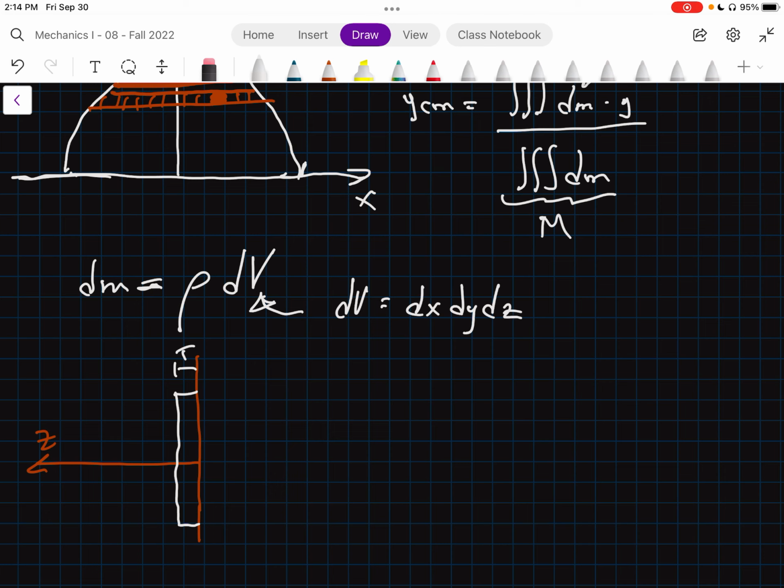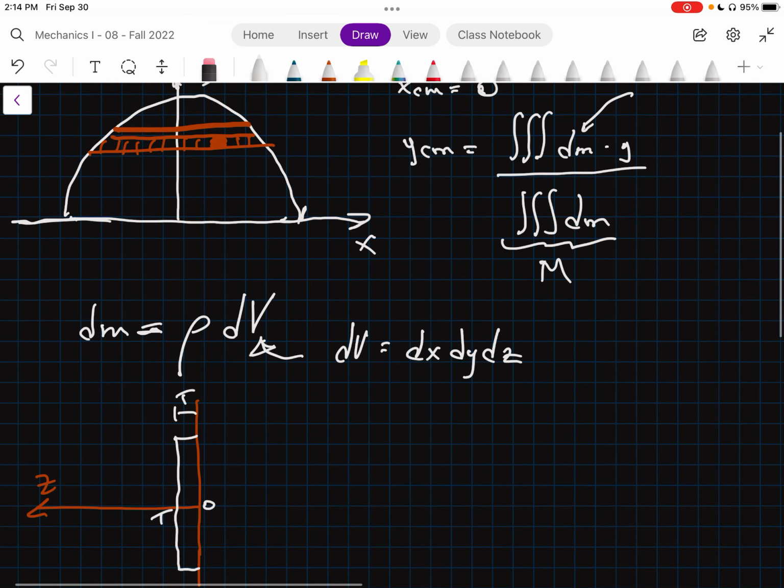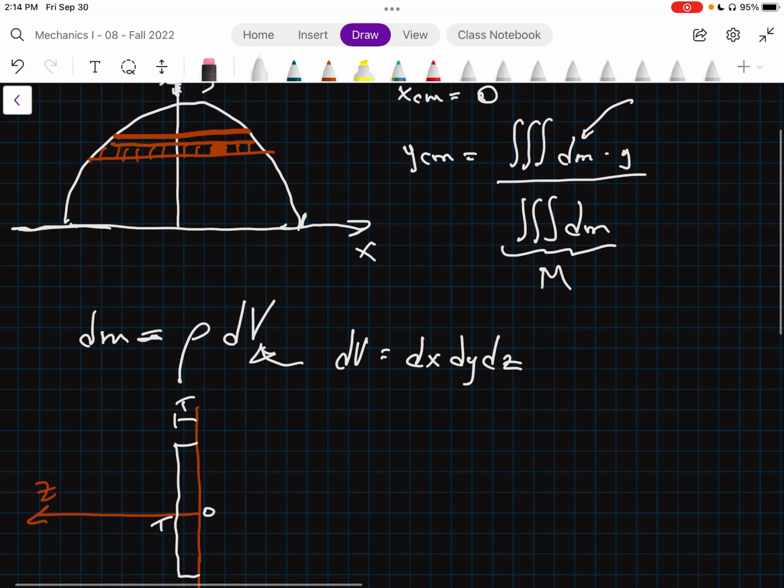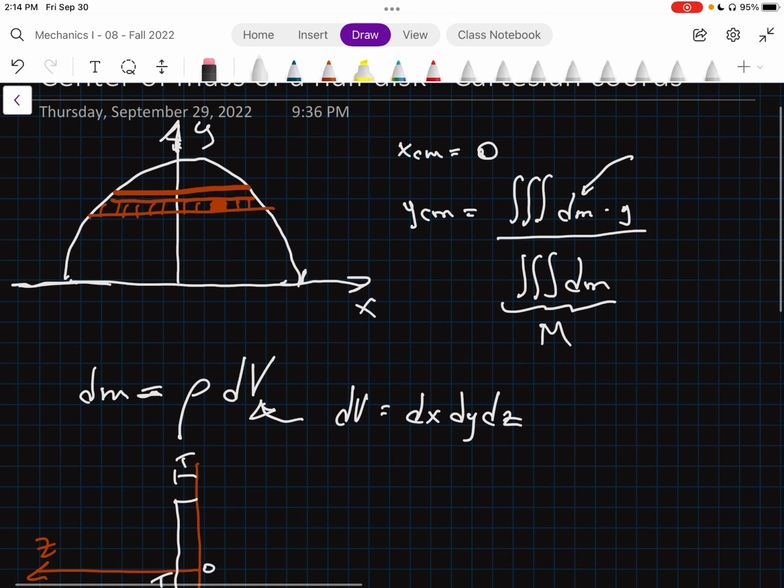So my integration in the z direction will be from 0 to t. Okay, in my y direction, since I'm slicing it up in these little strips that are parallel to the x-axis, my y integration limits are going to be from 0 to r, where r is the radius of the disk.